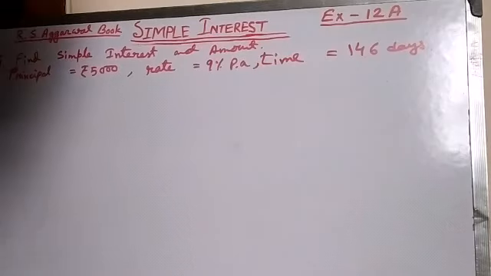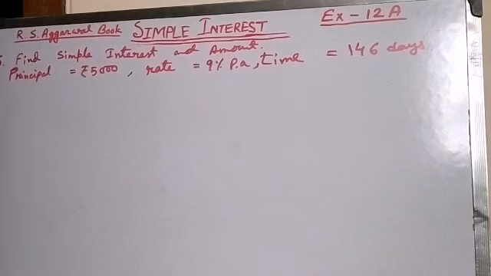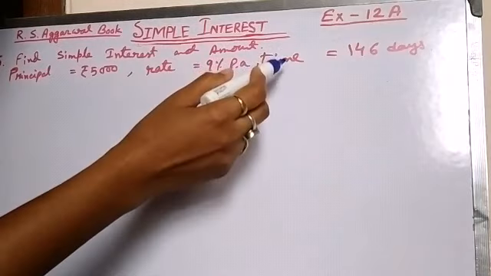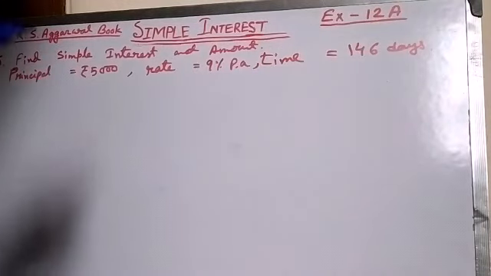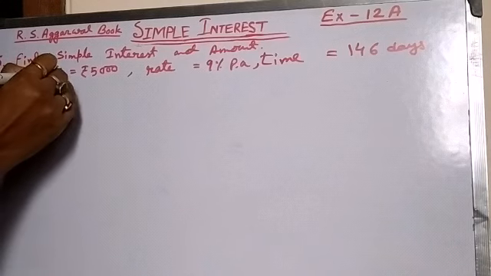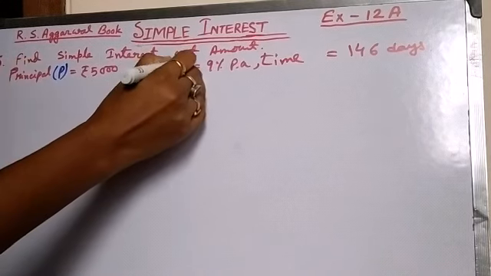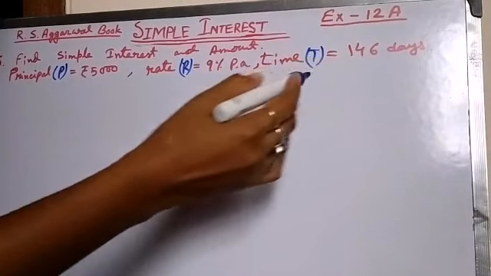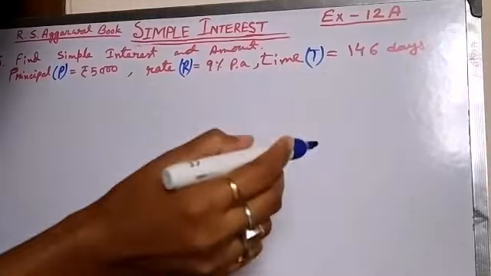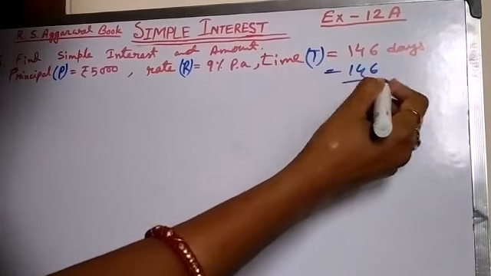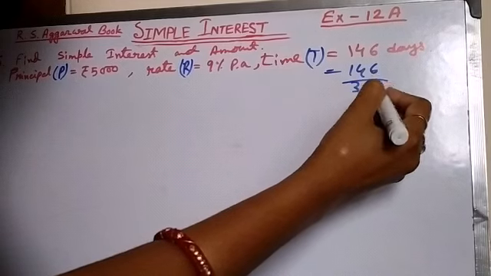This is question number 5. Here, for one thing I want to discuss now, that is time is 146 days. That's why I will do this sum here. Here principal for P, rate of interest for R and time for T. Here time is 146 days, so it can be converted into years. So it will be 146 divided by 365.